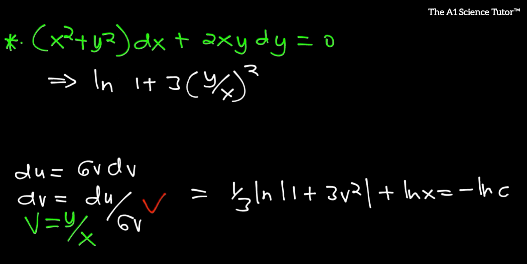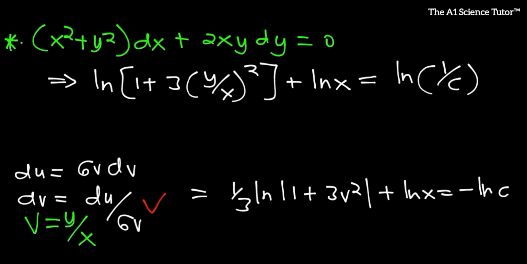So I think I need to write this one in square brackets. So this is plus ln x, and this is going to be ln 1/c. Let me write this in square brackets, right? That is because we have a negative which became the power of c. So that is what you have.